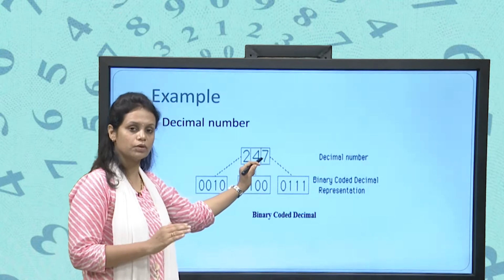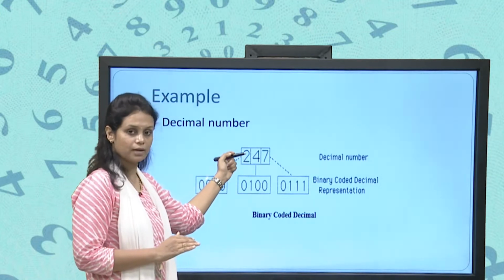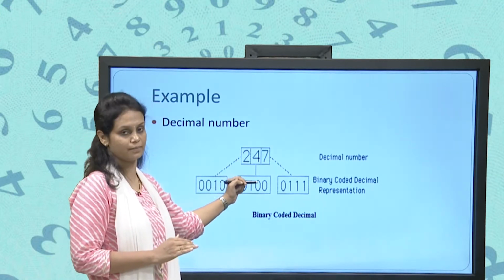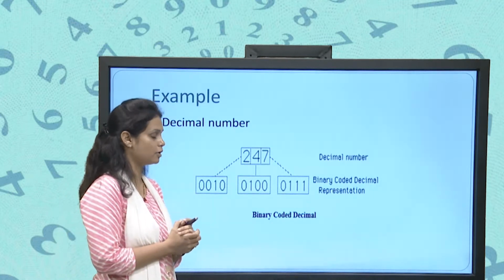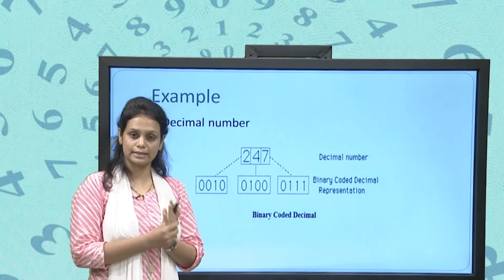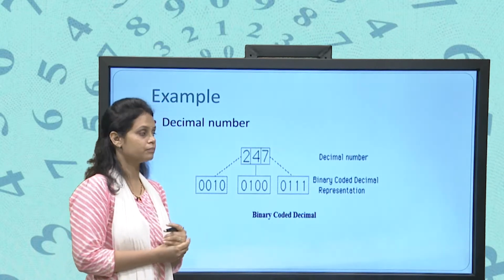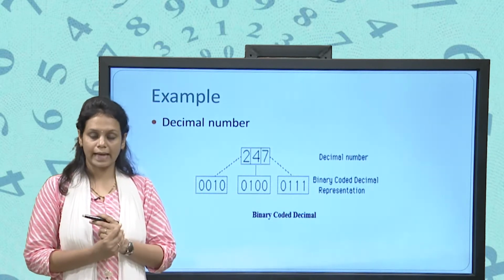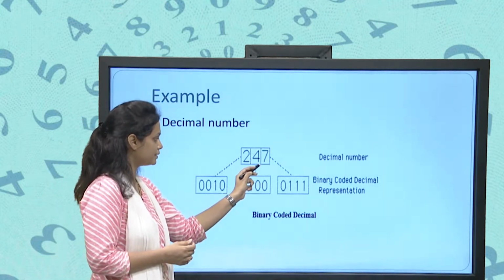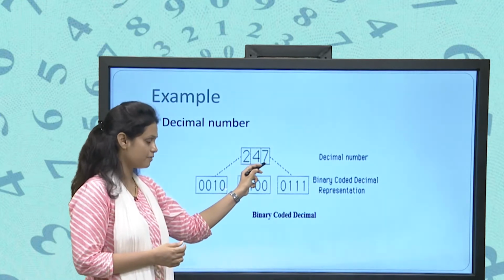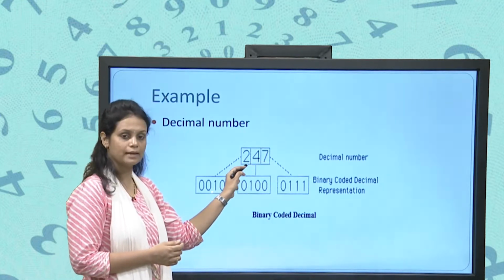Now suppose we want to convert this decimal number to the binary coded decimal representation. How can we convert the decimal number to the binary coded decimal? For converting any number to the binary coded decimal, first of all we have to separate the digits.